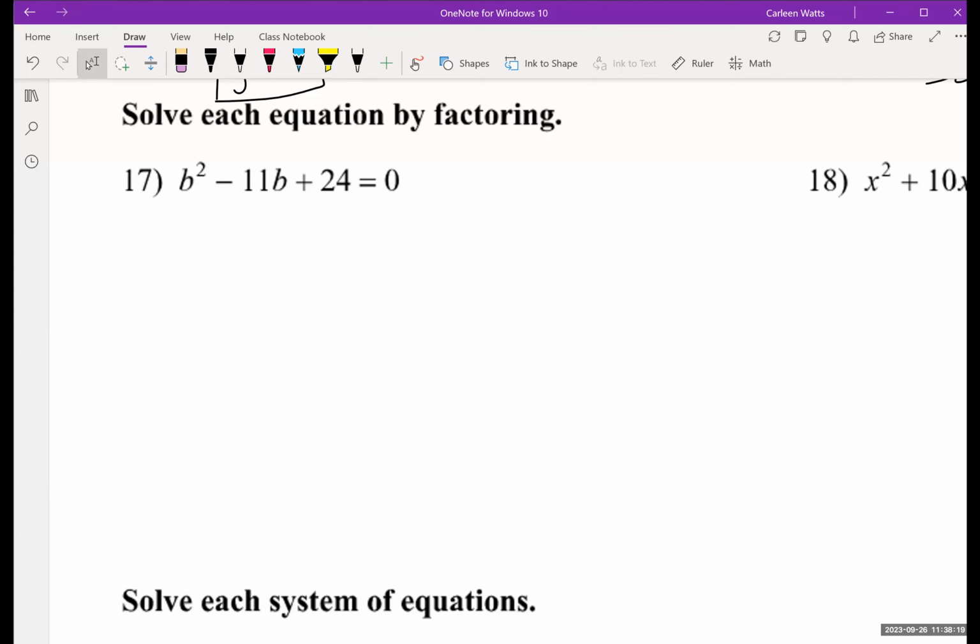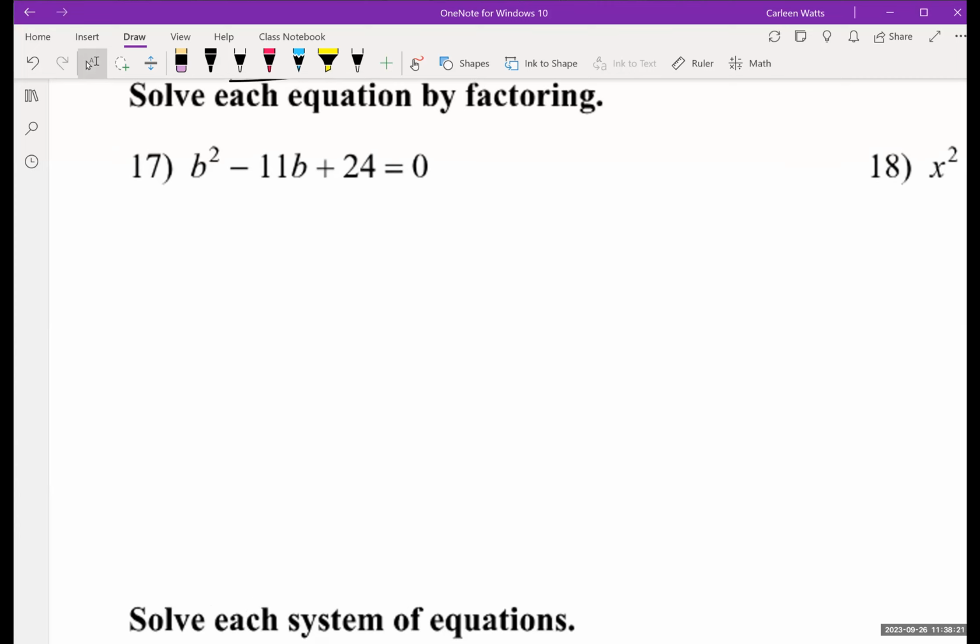Okay, now we don't practice this a lot, but I'm going to tell you right now, number 17 will show up on the week 9 exam. And you're going to need to remember where to start.